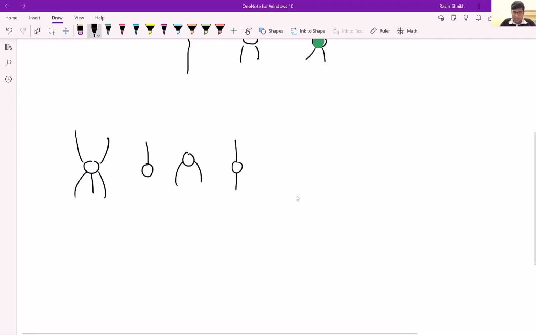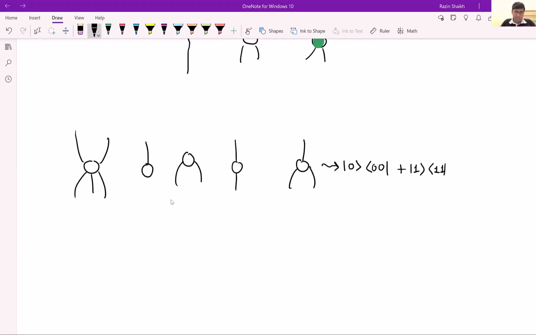If I consider a specific spider like this, let's say it's a spider with 2 inputs and 1 output. In the bracket notation, this is the same as saying I will give out ket 0 if both of the inputs are ket 0, and I will give out ket 1 if both of the inputs are ket 1.